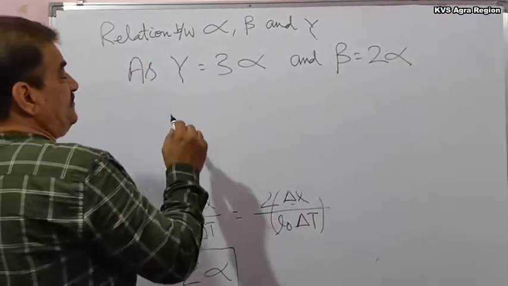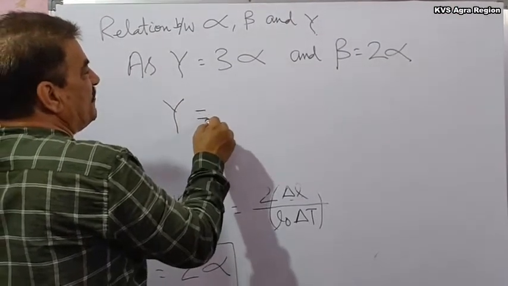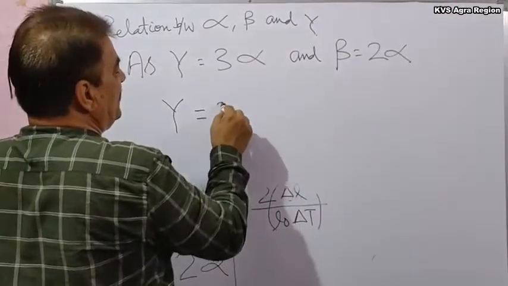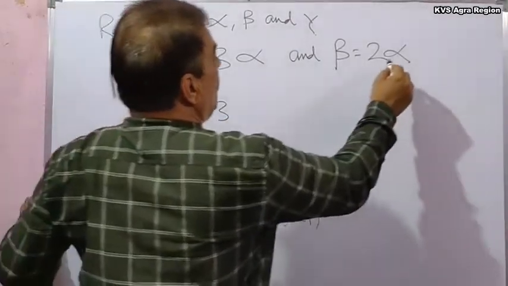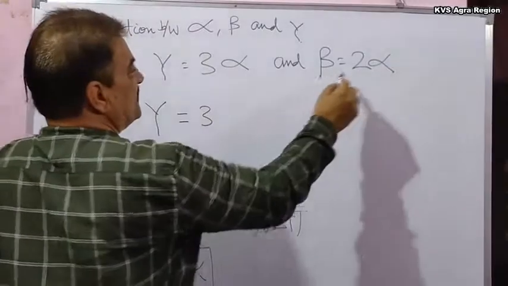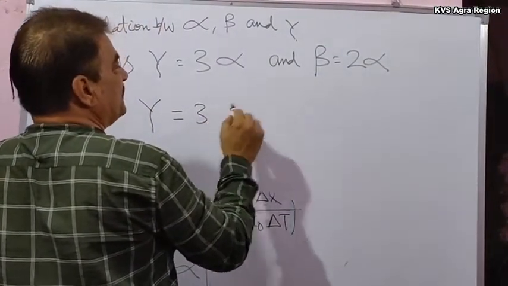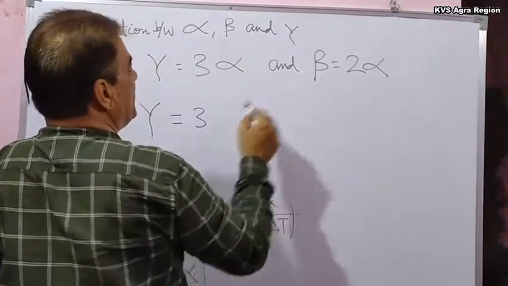Gamma is equivalent to 3 alpha, and from here we can find alpha is equivalent to beta by 2. So we can write gamma equivalent to 3 alpha, and alpha is beta by 2.